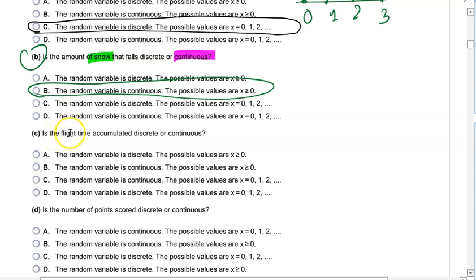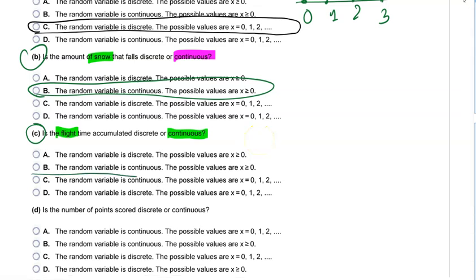In the flight time, accumulated, discrete, or continuous? Of course, here is the time is the variable we're looking for. Time is continuous because time could be measured in the decimal. The answer is going to be B. All right.